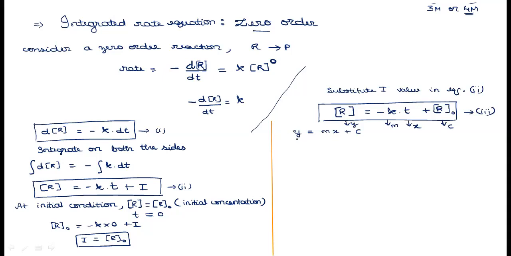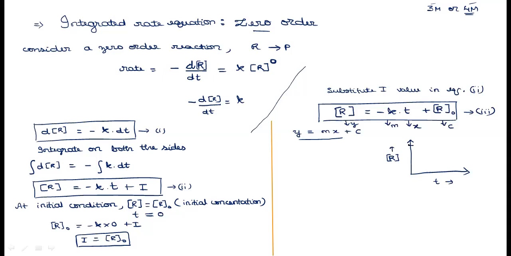Now, as it is in the straight line equation form, we'll represent the graphical representation of a zero order reaction. The y coordinate is concentration of R, x coordinate is time.